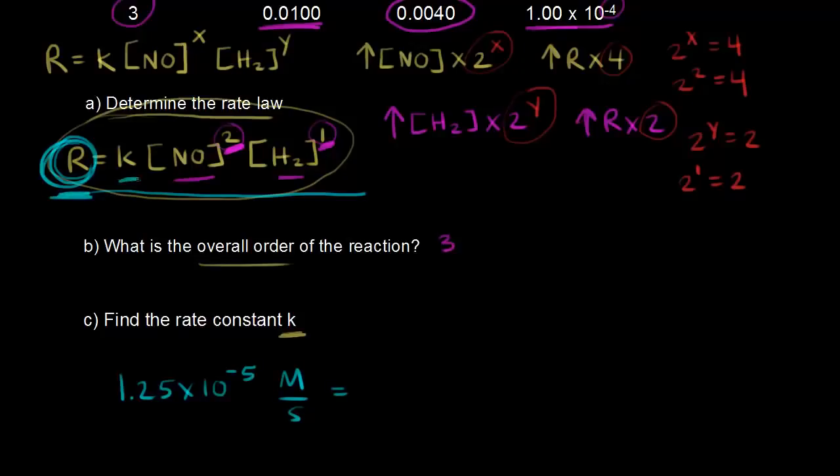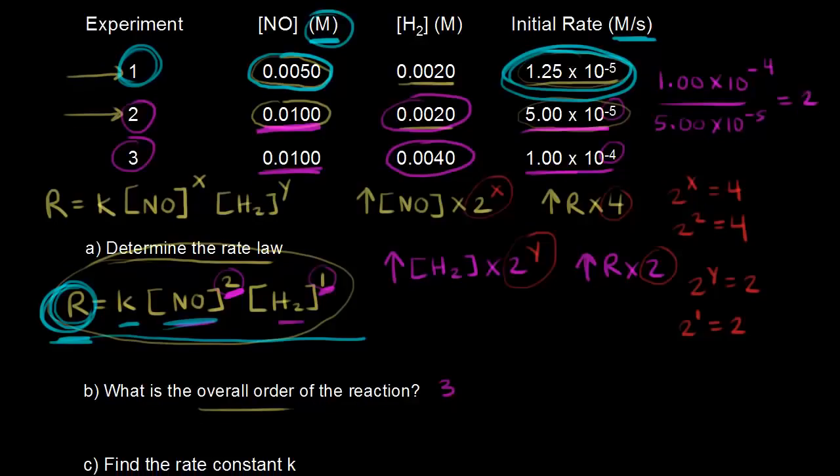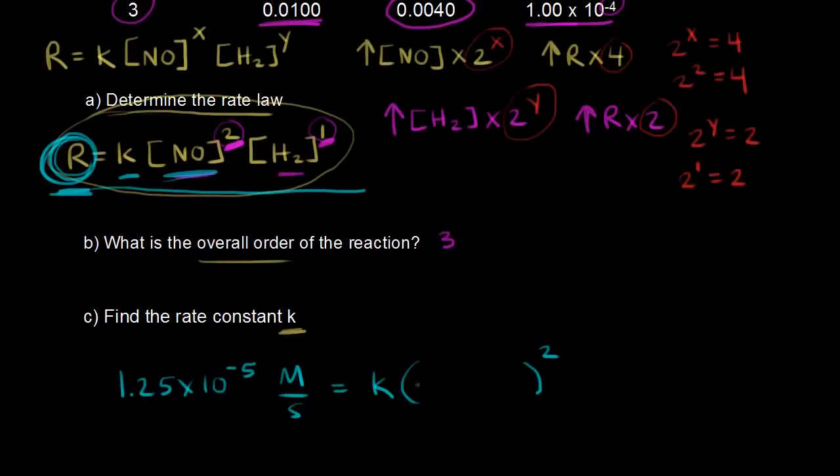Next, we have that equal to the rate constant K, so we're trying to solve for K, times the concentration of nitric oxide squared. So let's go back up here and find the concentration of nitric oxide in the first experiment. The concentration is 0.005 molar, right? So we're going to plug in 0.005 molar in here.